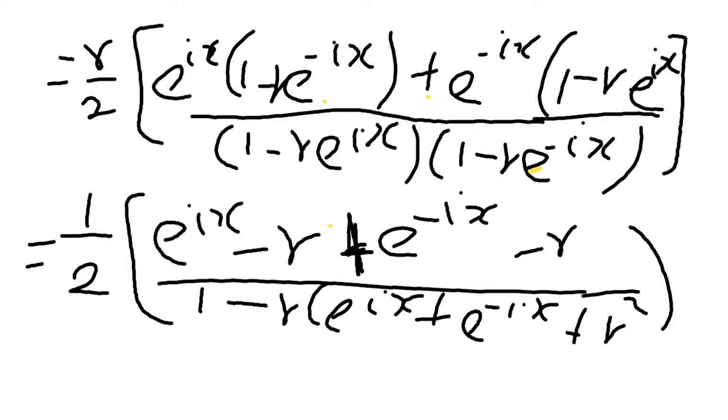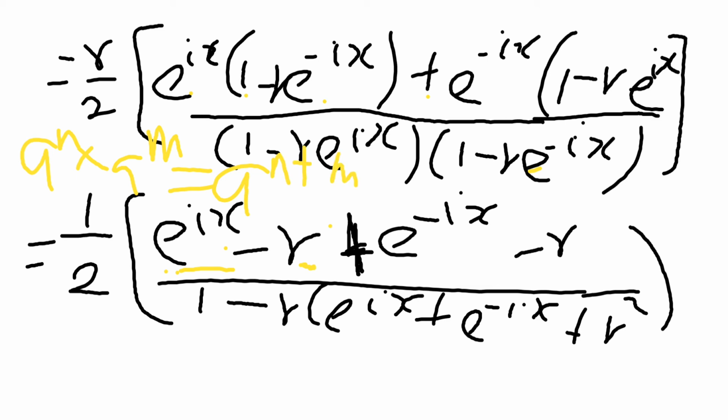And now what I need to talk about is how I got the last line, how I got r here. Remember that e^(ix) times 1 is e^(ix), and e^(ix) times r e^(ix) is r. Reason being that, remember that a raised to power n times a raised to power m is equal to a raised to power n plus m.